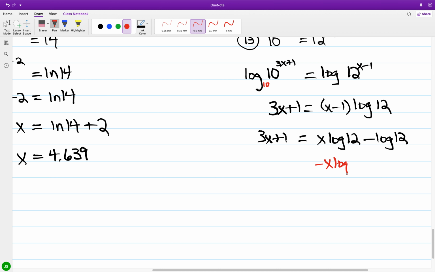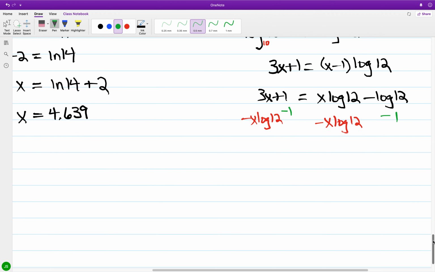Looking at gathering the expressions, I'm going to take x times the base 10 logarithm of 12 and join it with 3x. Simultaneously, I can take away 1 and deduct it from the negative of the base 10 logarithm of 12. So I have 3x minus x times the base 10 logarithm of 12 is equal to the negative of the base 10 logarithm of 12 minus 1.